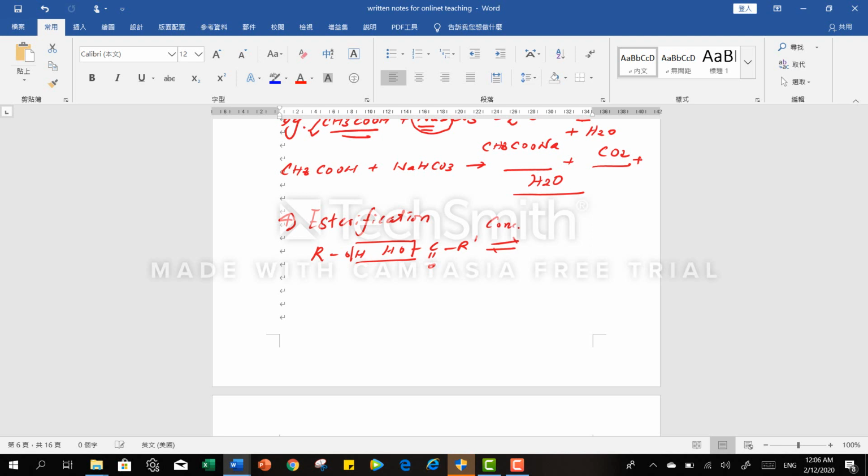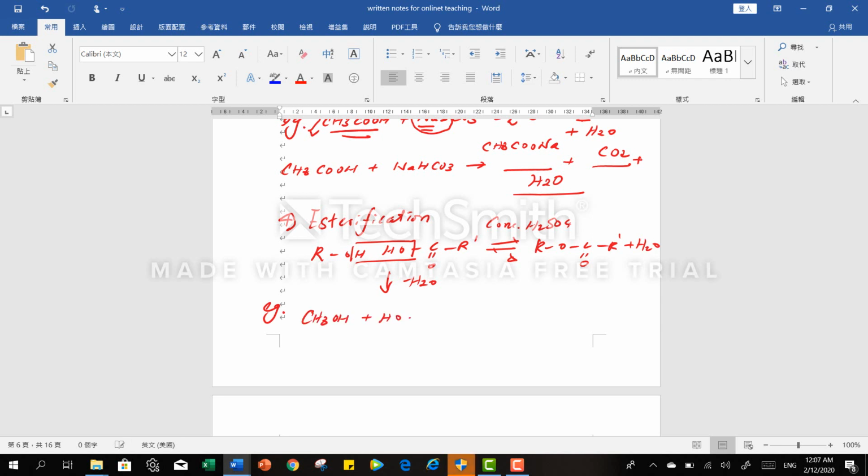You need concentrated sulfuric acid as the catalyst. Pull the water out and combine the rest of the parts to form the ester. So you will get this one and water. Okay, let us have an example.